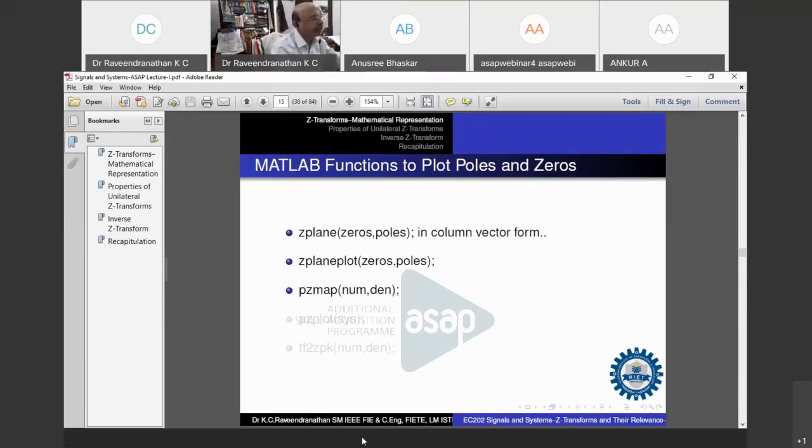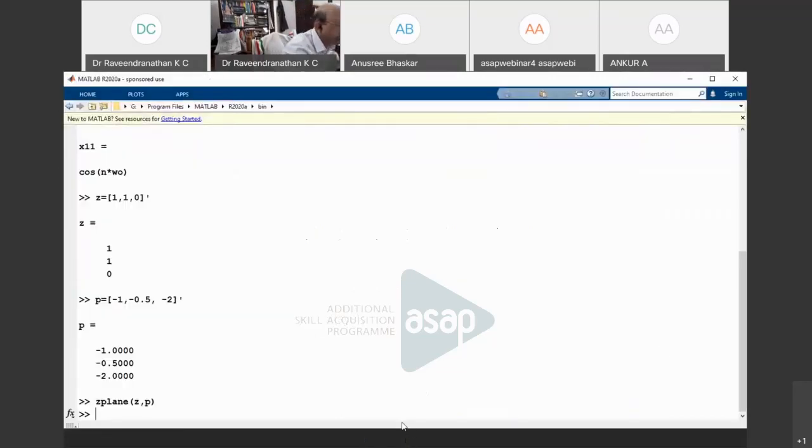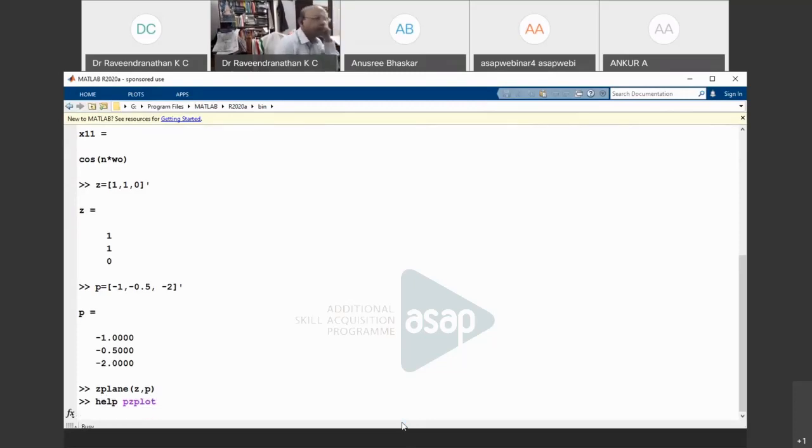All these things you can get help on at the MATLAB window by just typing the function with help, right? So if you want to get the details of how to invoke the function, the method is user friendly.